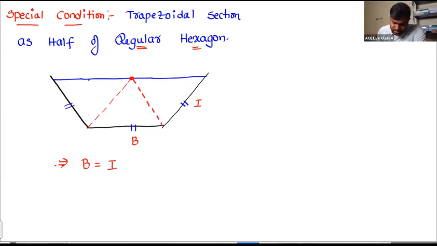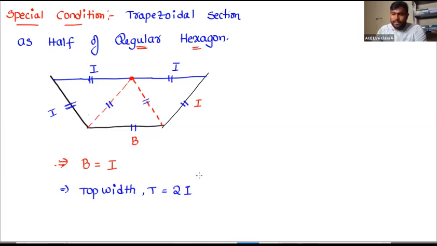So if this is l, this is also going to be l, and the top is also going to be l. Then what is the top width? The top width T is equal to 2 times l. So the base width B is equal to l, since all the sides are the same, and the top width is equal to 2 times l.